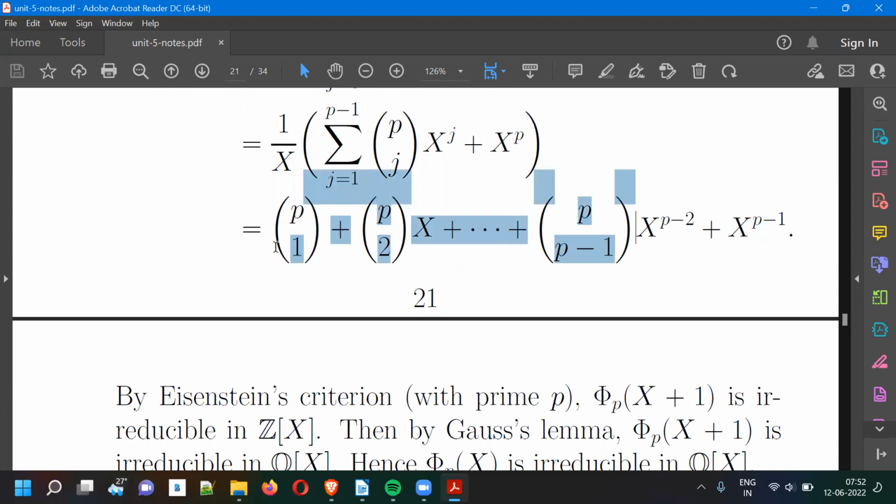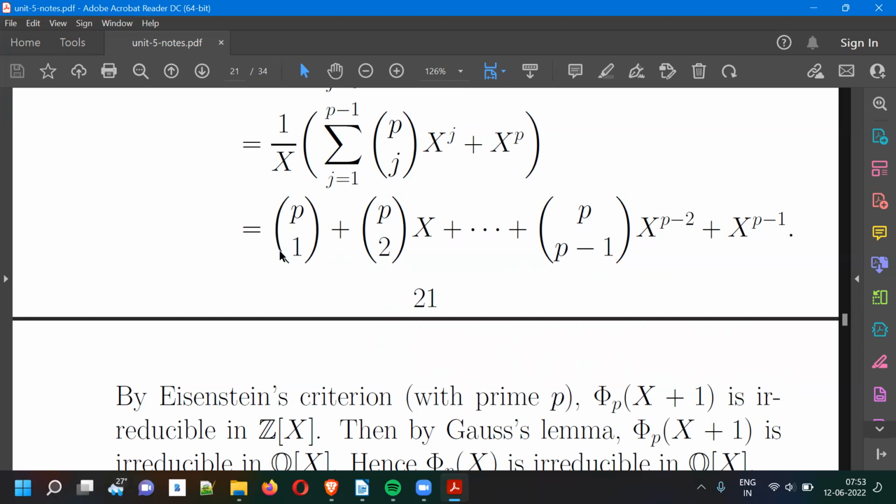All the lower order coefficients need to be divisible by p. So we need to show that p divides p choose 1, p divides p choose 2, p divides p choose 3, up to p divides p choose p minus 1, of which we already know that p divides p choose 1 because p choose 1 is p, and this is the constant term.